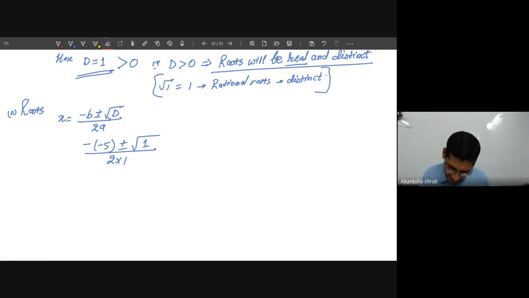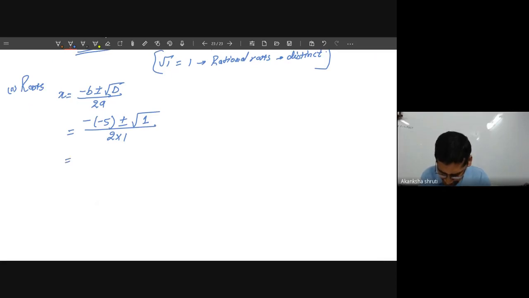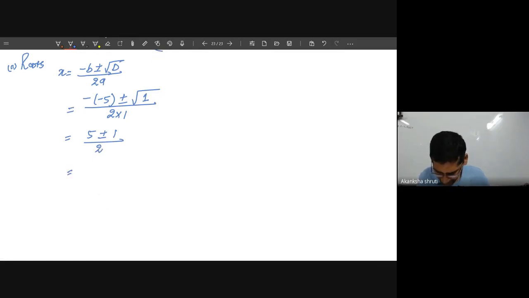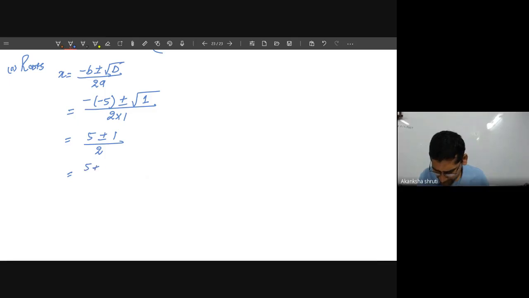So this way, what are we getting? The 2 values of x. So it is 5 plus or minus under root of 1, which is simply 1, by 2 into 1 is 2. So by taking the plus once, we can write this as 5 plus 1 by 2 or 5 minus 1 by 2. You can separate it at the end.